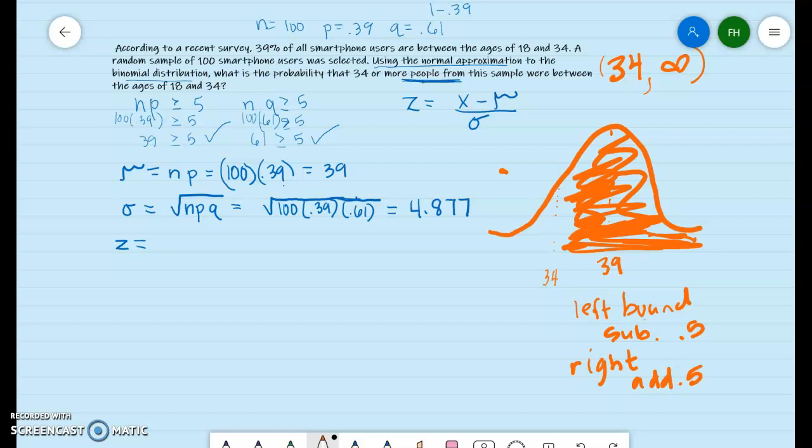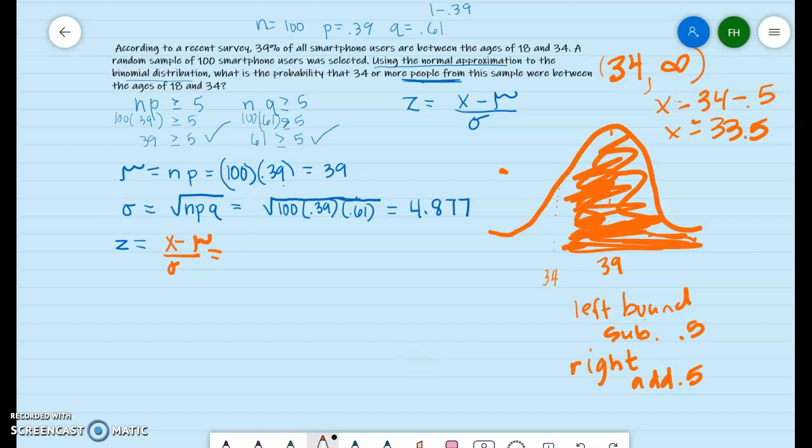Okay, so our value for x is going to be 34 minus 0.5. So x is now going to be 33.5. Now if it was more than 34, then it would be 35 minus 0.5. Okay, so since we changed it, remember our z-score is x minus the mean divided by the standard deviation.